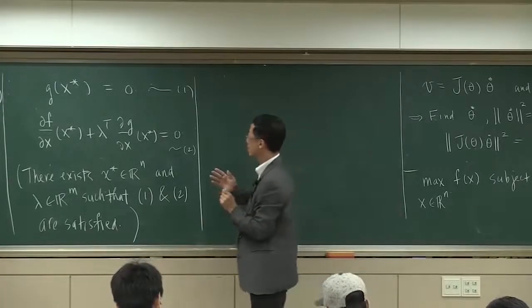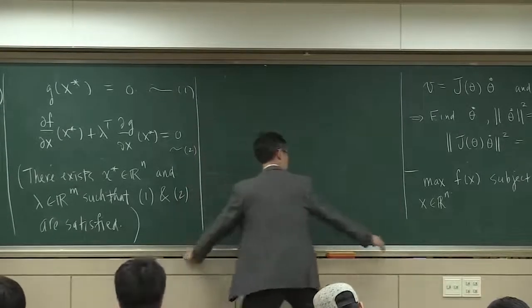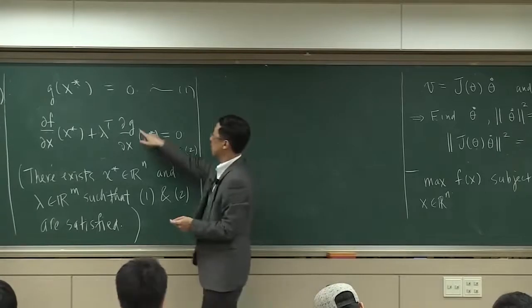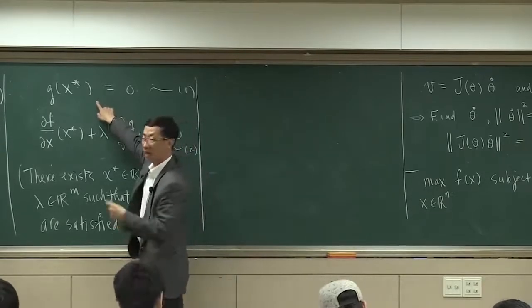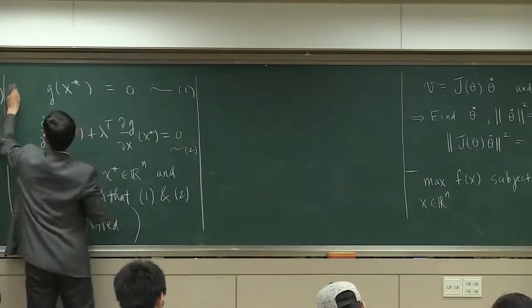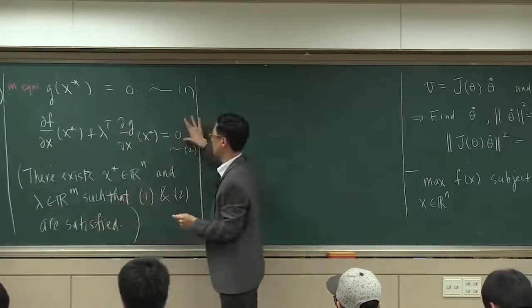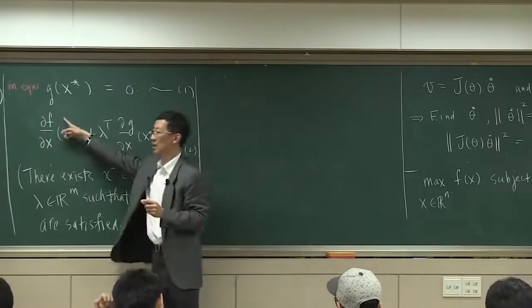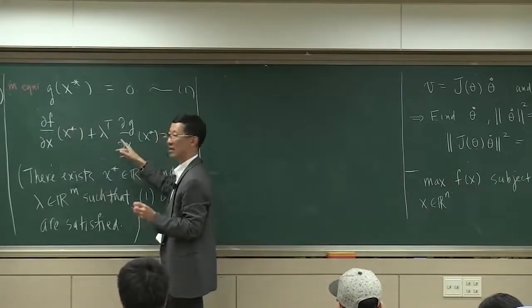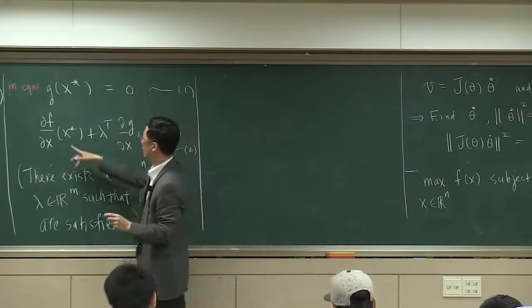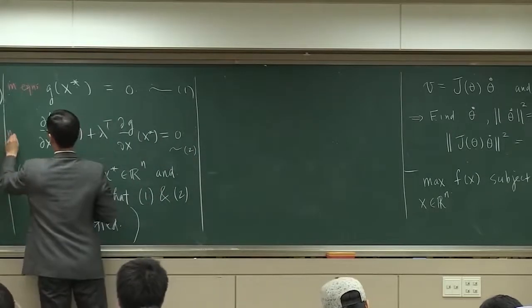Now, if you think about it, these are m equations. I'm going to show you in a minute what df dx and dg dx are. I'm going to write it all out for you. These constitute a set of n equations.